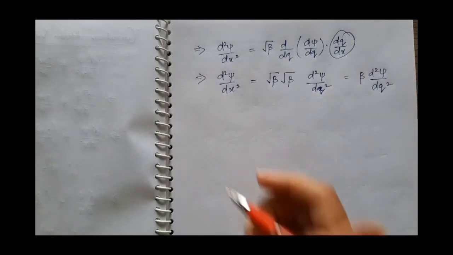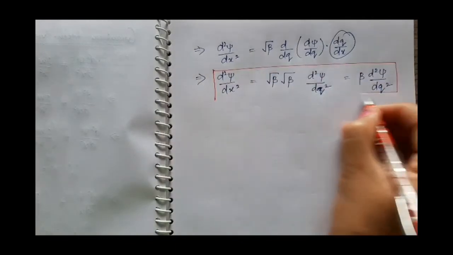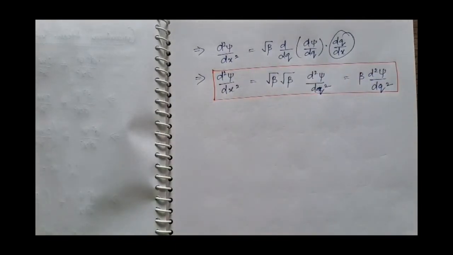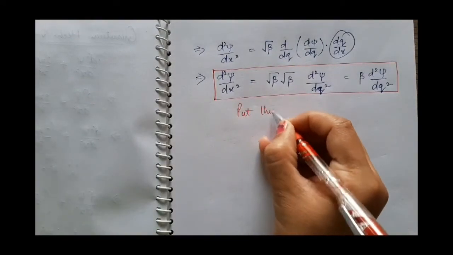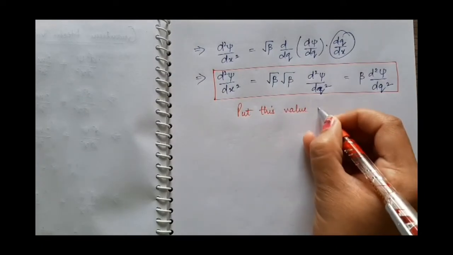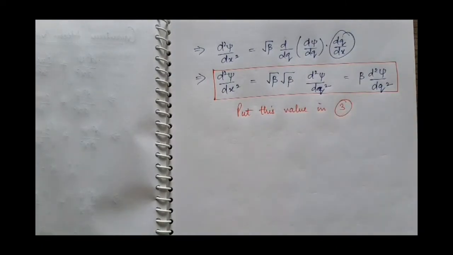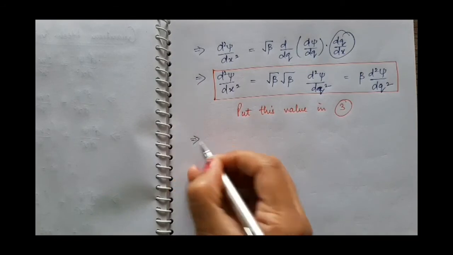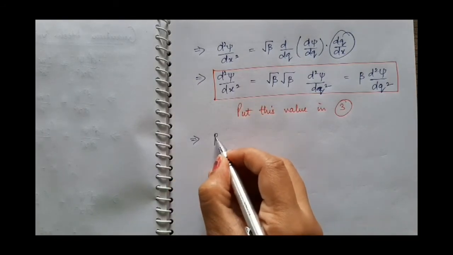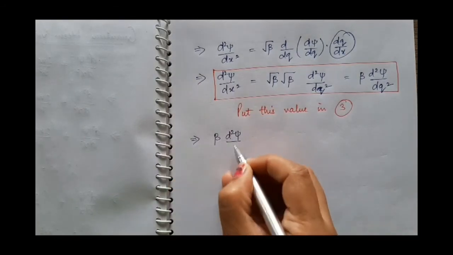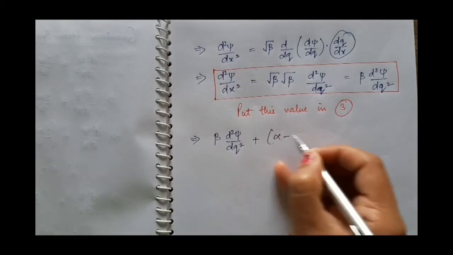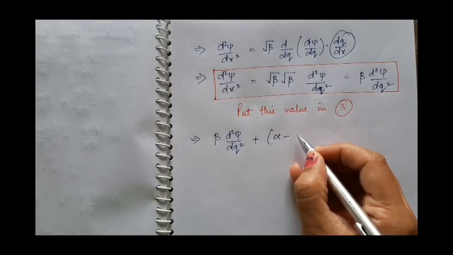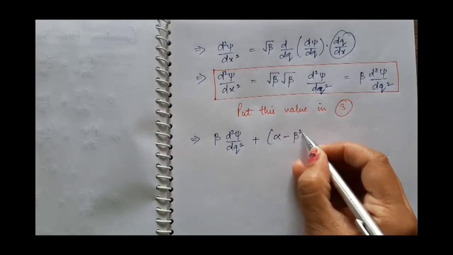So now put this value in equation number 3. Instead of d square psi by dx square, we have beta d square psi by dq square plus (alpha minus beta square x square) psi.